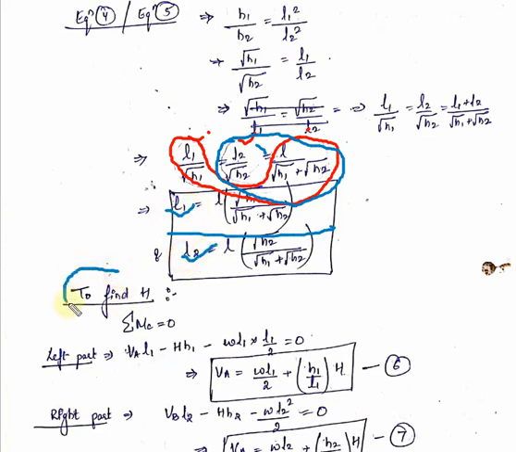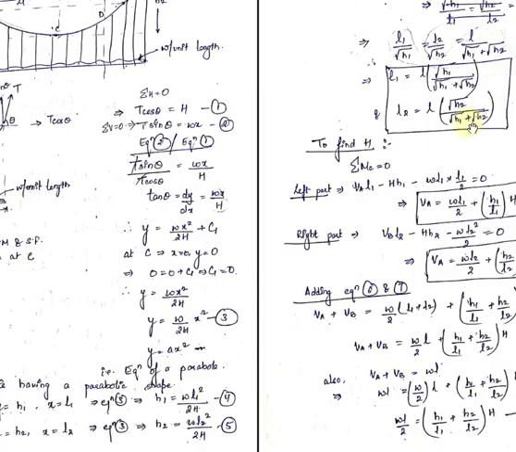Now we want to find out the value of the horizontal thrust. In order to find the value of capital H, I have minimized these two pages into one page, because we will now be using this diagram and this diagram.